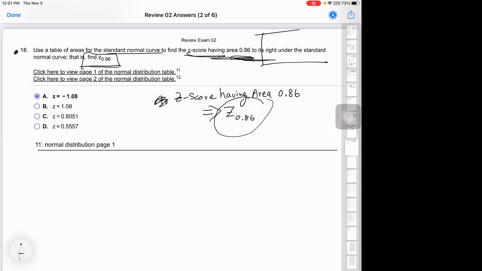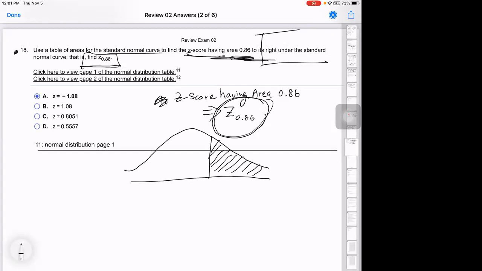But don't forget this part: it's right under the standard normal curve. If you use this notation, it means you always measure your area to its right. This is your C 0.86.